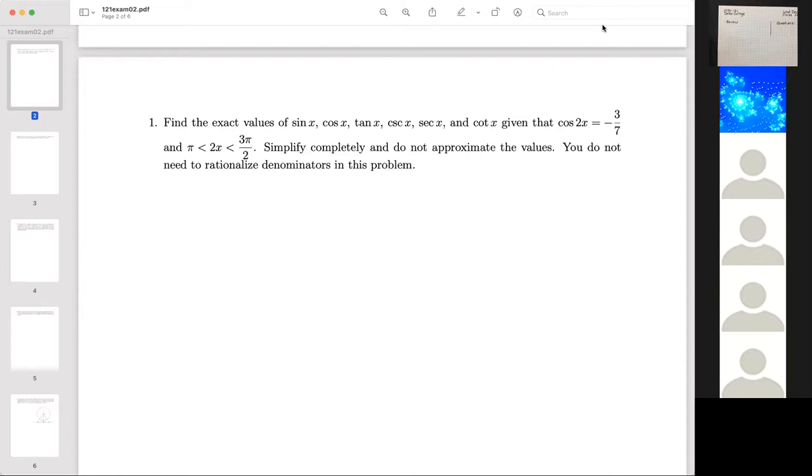This is after some basic identities. I'm looking at section 5.2, 5.3, 5.4. 5.3 and 5.4 are double angle and half angle. When I find something, I'll put it under my camera. But I'm just kind of looking. I mean, it's going to be this general area, 5.2, 5.3, 5.4.